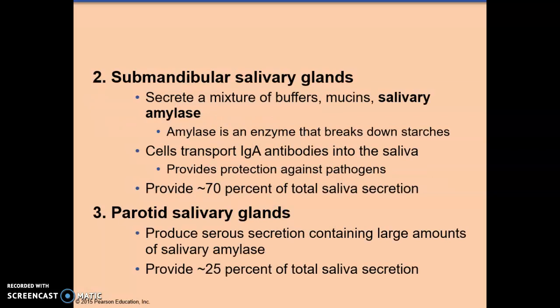The submandibular secretes buffers, mucins that will form mucus, and salivary amylase, which will break down starches. The cells transport IgA antibodies into the saliva, providing protection against pathogens, and make most of the salivary secretions, about 70%. The parotid glands make about 25%, and they make a lot of salivary amylase.